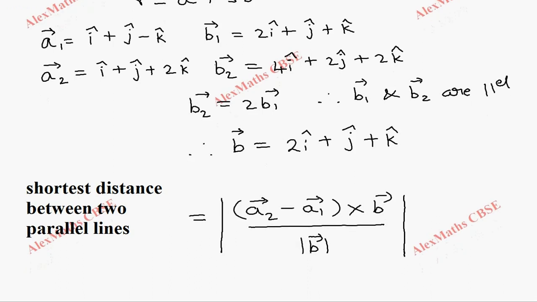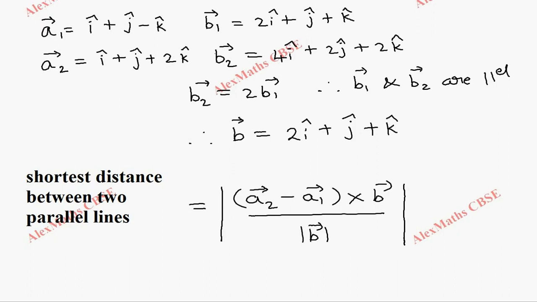Now let's substitute the values. That is A2 minus A1. We have to subtract A2 minus A1. So i minus i is 0, j minus j is 0, 2k minus of minus k will become 3k. So the first part is 3k cap cross, and B is 2i cap plus j cap plus k cap.